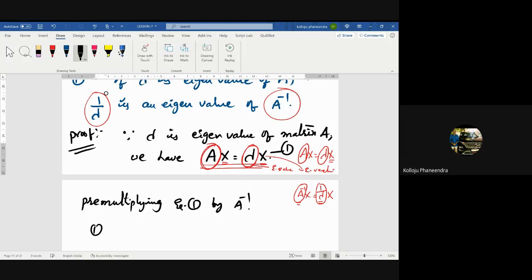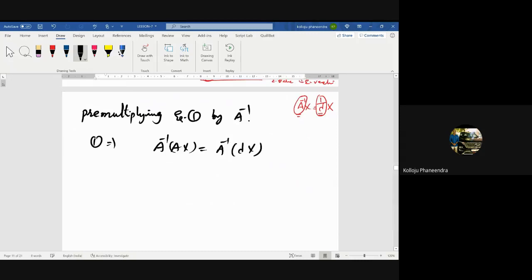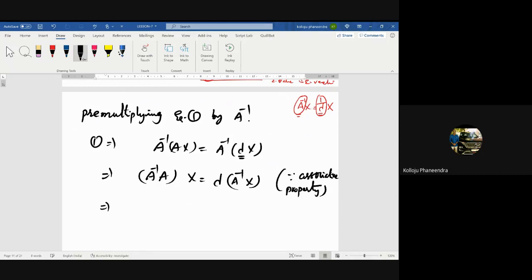Then 1 implies A inverse into Ax equal to A inverse into lambda x. This is A inverse into A into x, and since lambda is a constant, I can write it anywhere. Lambda x in brackets, by the associative property, matrix product is associative. This is I x equal to lambda into A inverse into x.